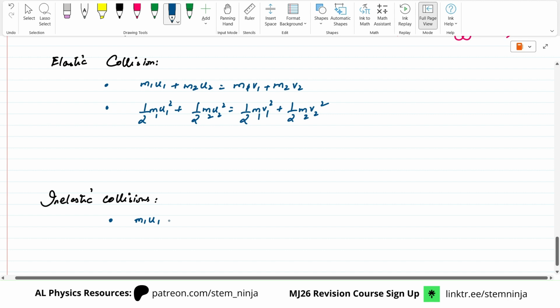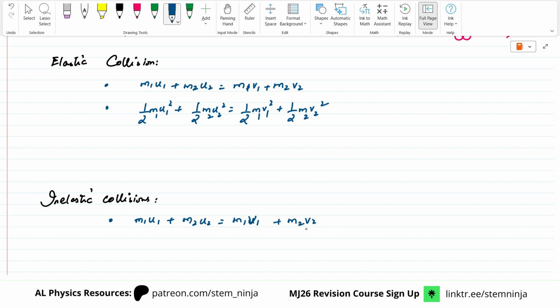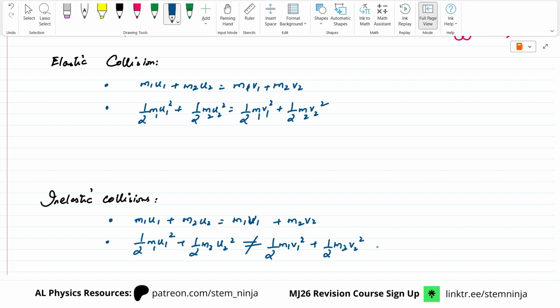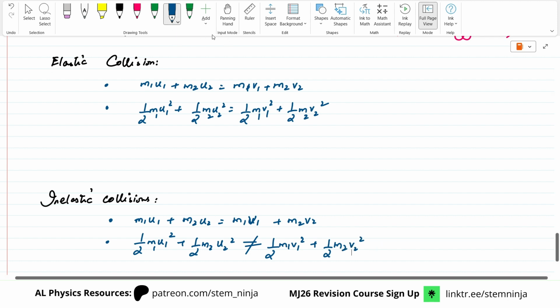So m1 u1 plus m2 u2 equals m1 v1 plus m2 v2, but the kinetic energy is not conserved. So half m1 u1 squared plus half m2 u2 squared is not equal to half m1 v1 squared plus half m2 v2 squared.